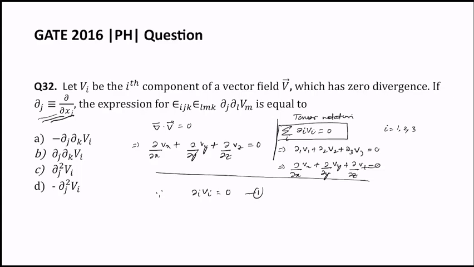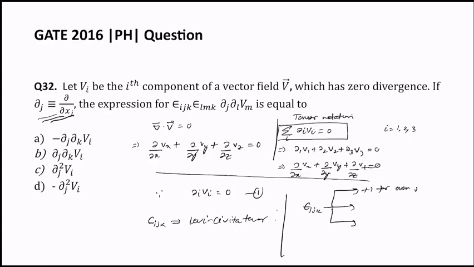Now this expression epsilon ijk is a third rank tensor called the Levi-Civita tensor. Epsilon ijk can take only 3 values: plus 1 for a cyclic or even permutation of ijk, that is epsilon 123, epsilon 231, epsilon 312.